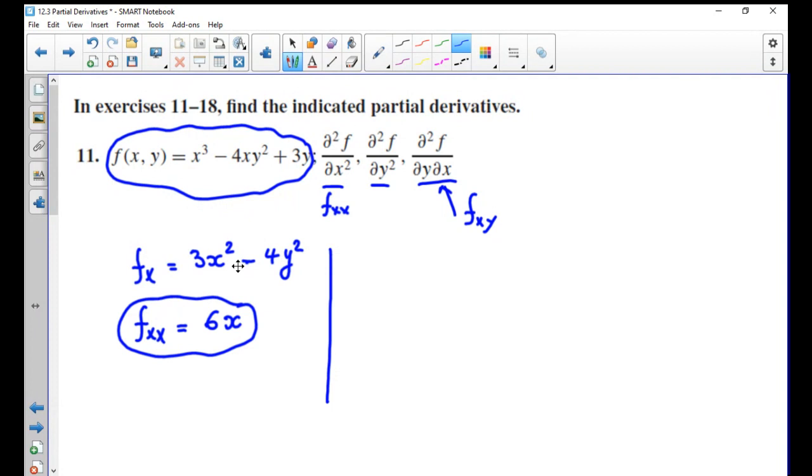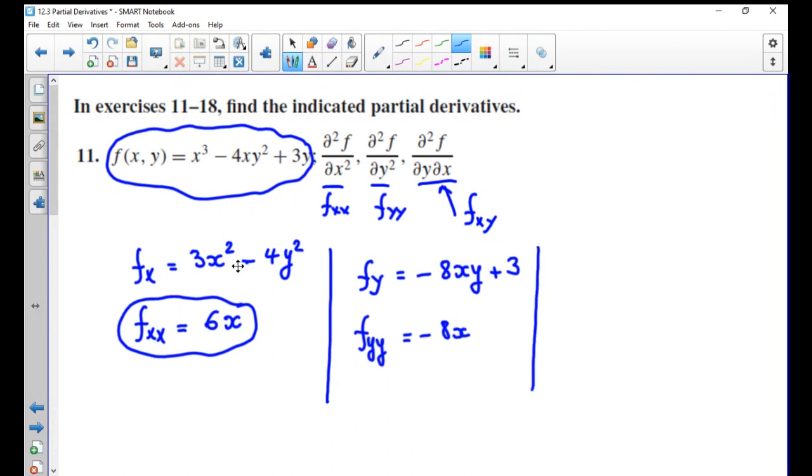The second answer is fyy. So therefore, I need fy, which is minus 8xy plus 3. Okay, good. And therefore, fyy is minus 8x. And finally, I want fxy, which is here.